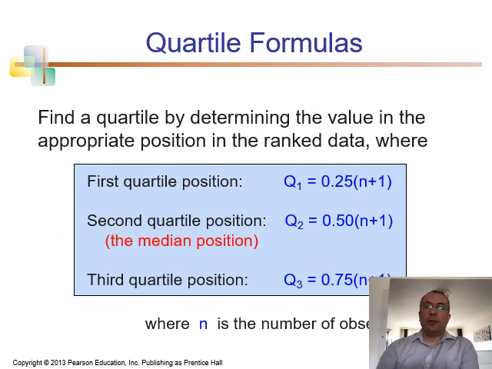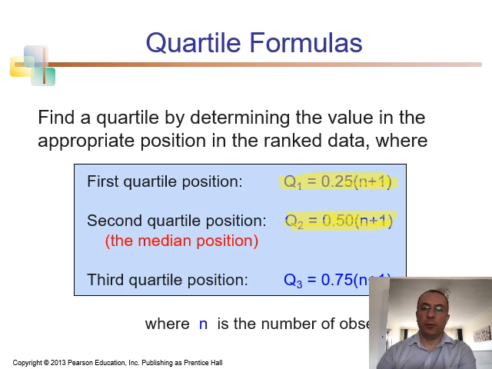So how do you find the quartiles? Well, again, there are specific formulas. Let's say n is the sample size. The location of the first quartile, Q1, equals 1/4 times (n plus 1). The location of the second quartile, Q2, is 0.5 times (n plus 1).